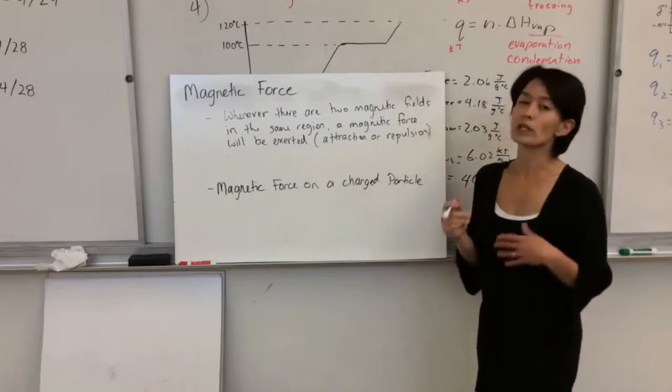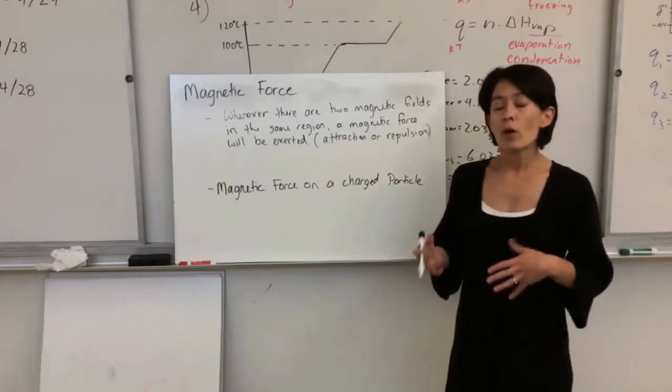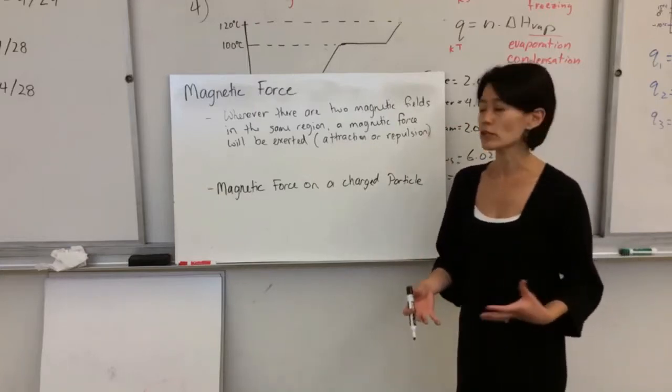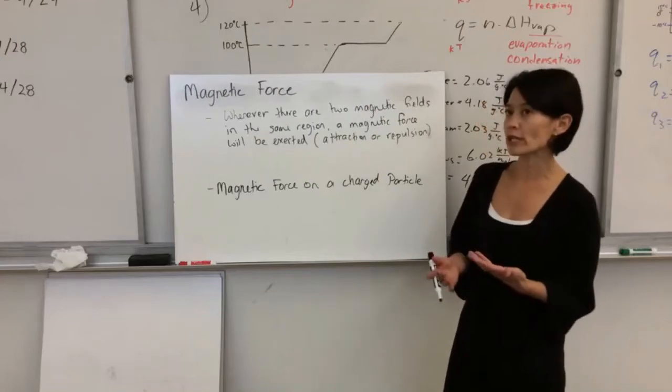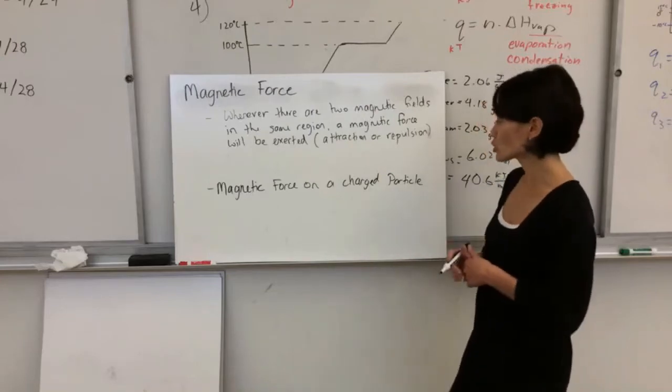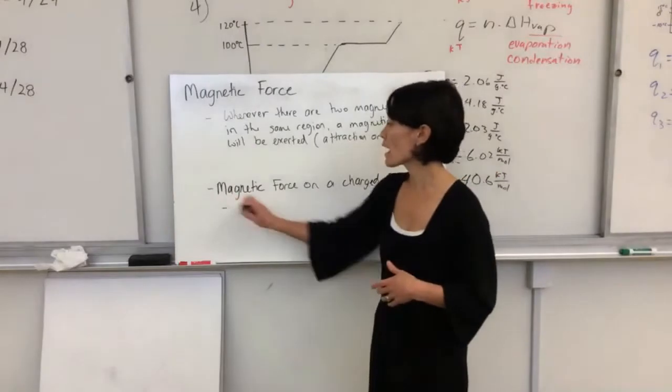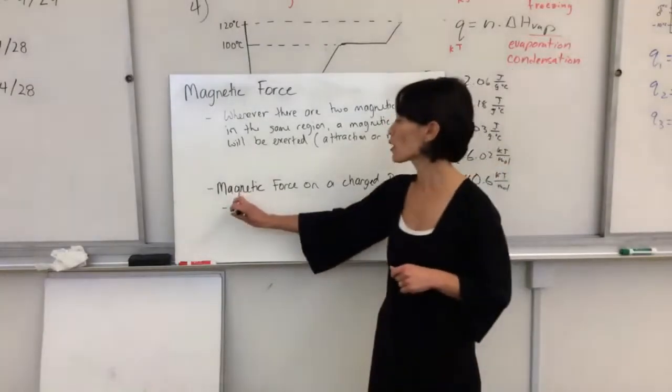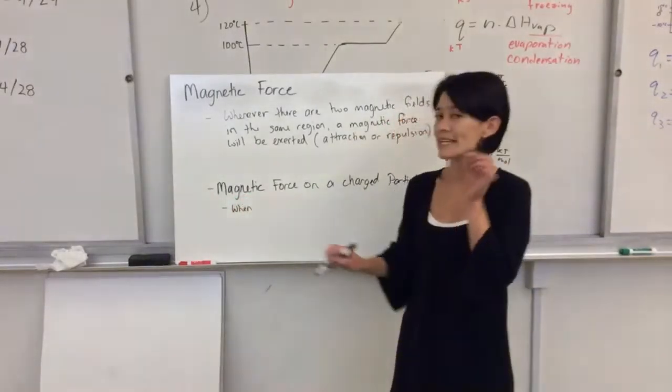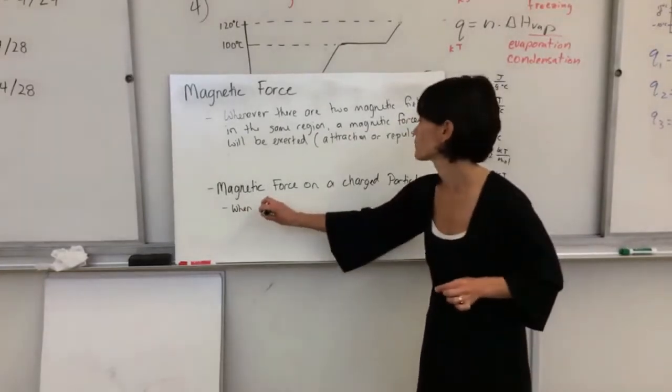Okay. So we're going to look at how it is that you get these two different magnetic fields. The first case we're going to look at is the magnetic force on a charged particle. To understand that, you need to know that when a charged particle is moving, it creates a tiny magnetic field around it.